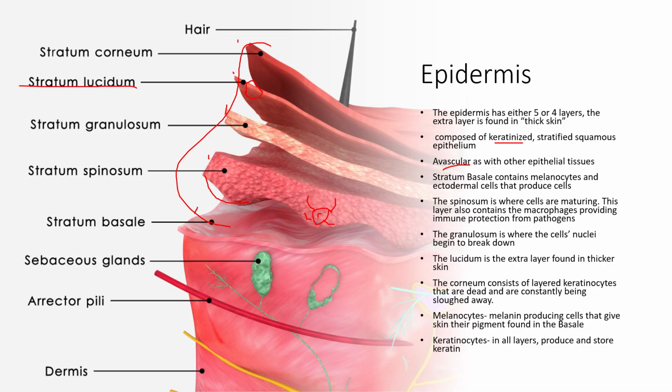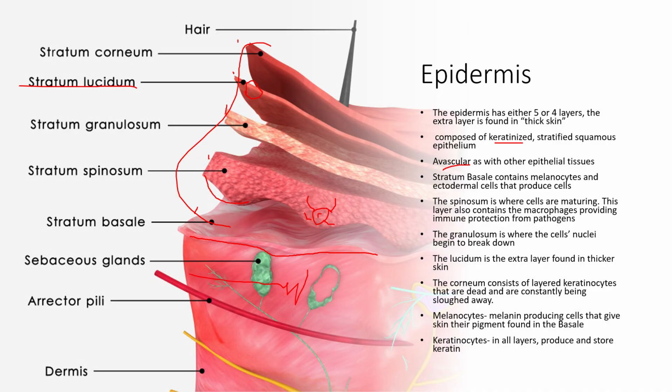So like all other epithelial tissues, they need to get their blood supply from surrounding tissues. The basal and the spinosum form kind of this basement membrane, and they interact with one another. So the basal is part of the epidermis, but it interacts with the dermis, which is this layer down here.